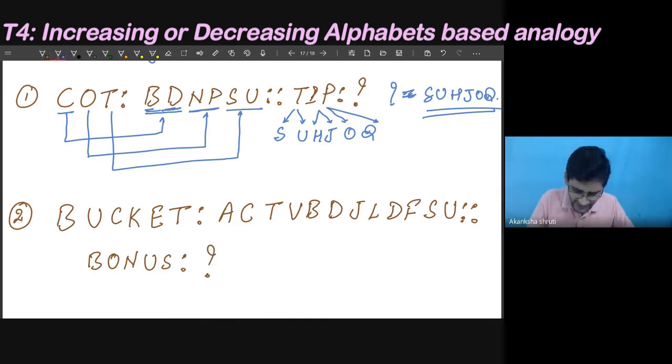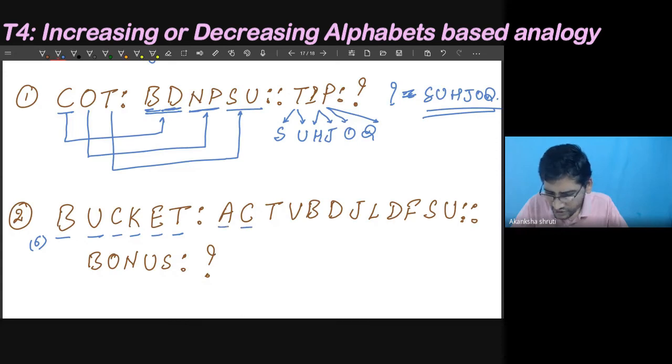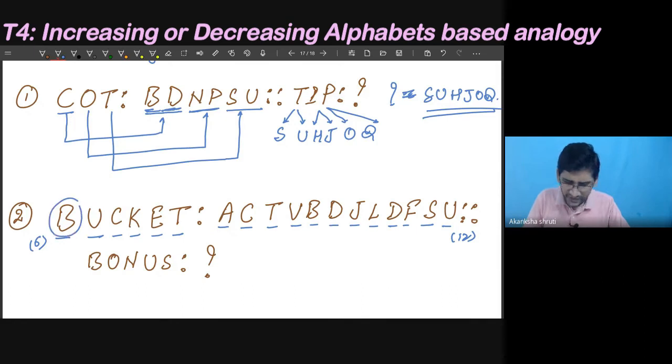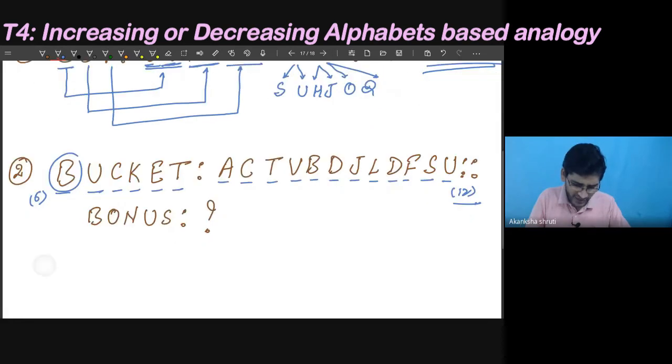Count the number of character. 1, 2, 3, 4, 5, 6. So total 6 character in this. 1, 2, 3, 4, 5, 6, 7, 8, 9, 10, 11, 12. Here it is 12 character. Here we are observing that each of these must be producing the 2. Okay, means this 12 by 6 we are getting the factor 2. Means each have to produce the 2.